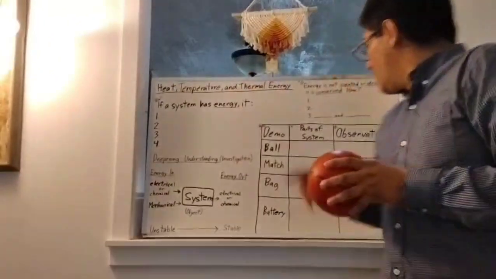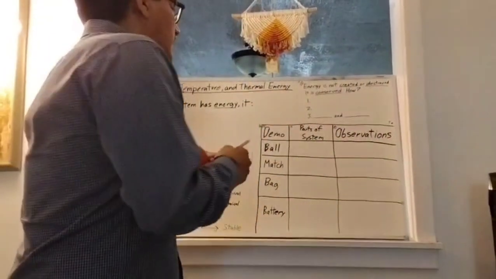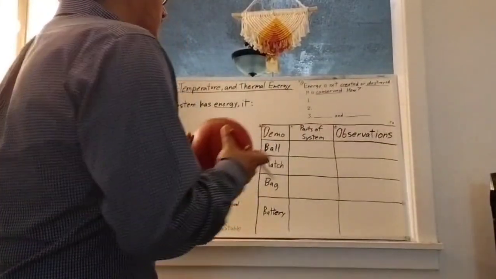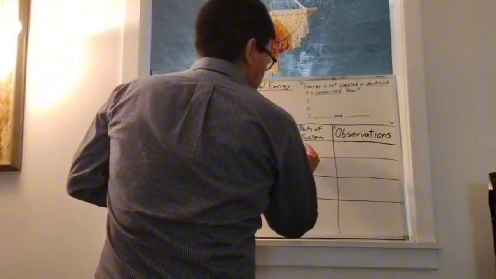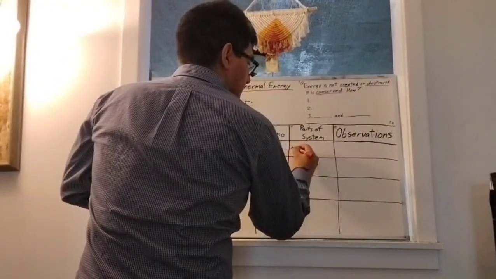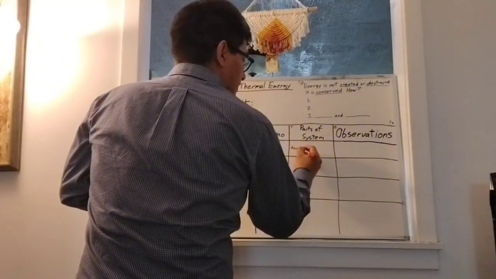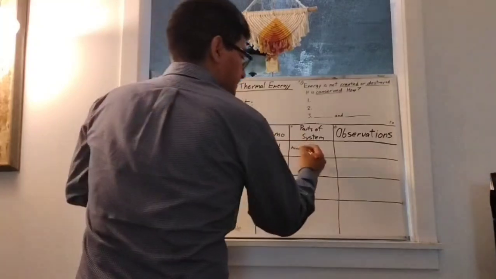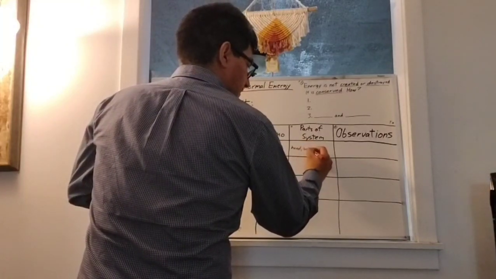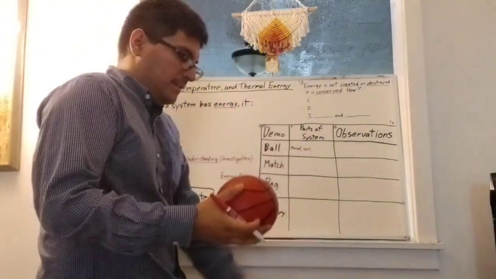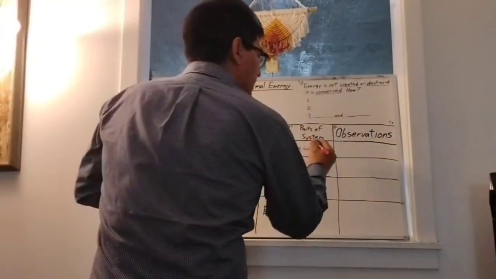Okay, so we've identified that we have parts of a system that play a mechanism in the functioning of this activity. So what were the parts of a system again? Good, so we have my hand, we have the ball, and we also have, in this case, the floor, which helped the ball bounce back up.